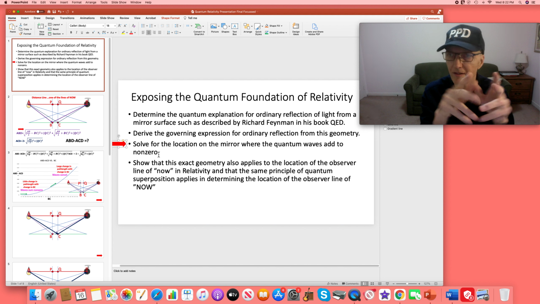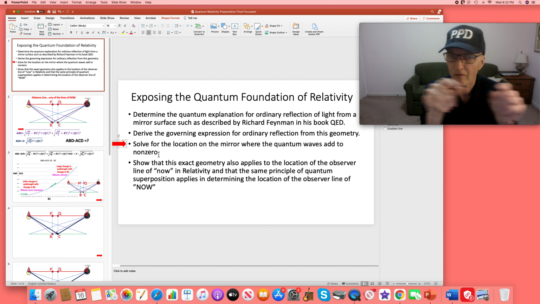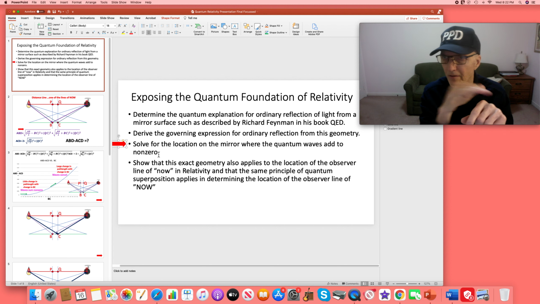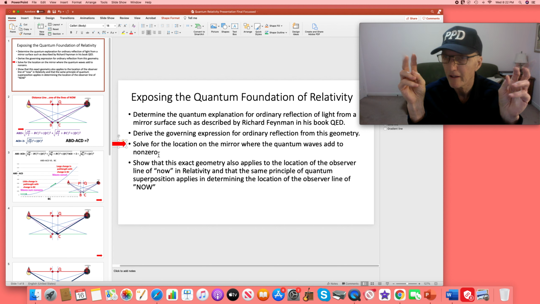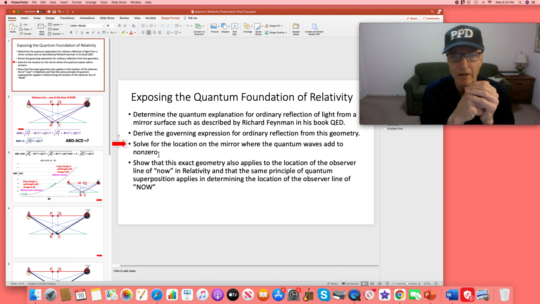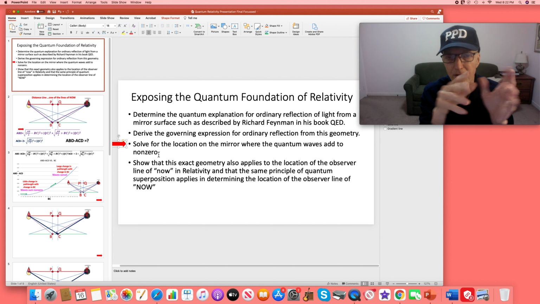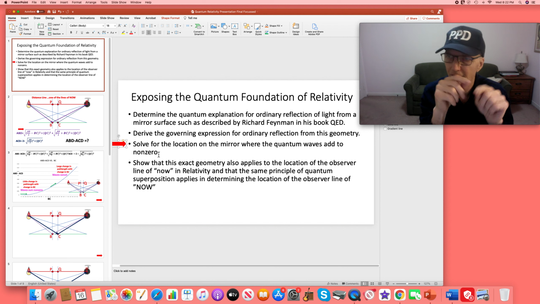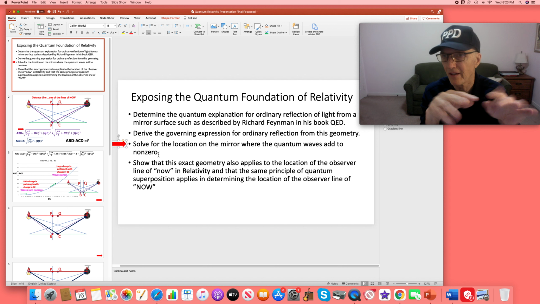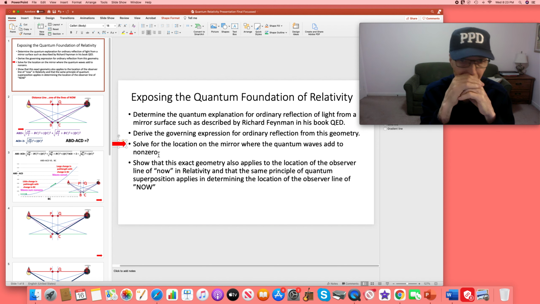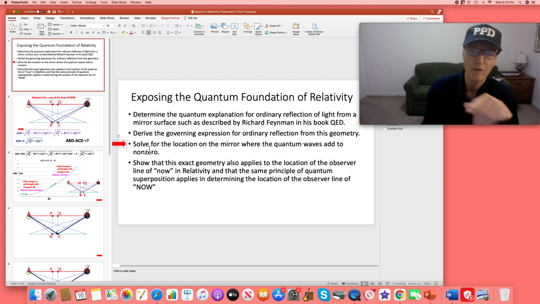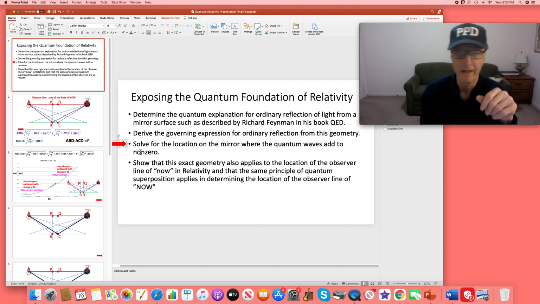They don't exist until it comes from a point where the more intrinsic probability waves, some people call it that, although I think they're real waves in a medium, but they don't affect equipment unless they're at a point where the waves add. Otherwise they cancel out and you don't detect anything. So we're going to look for where those waves add in the reflection, and we'll find it.